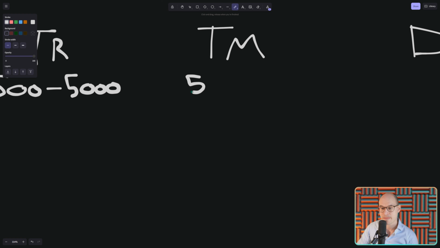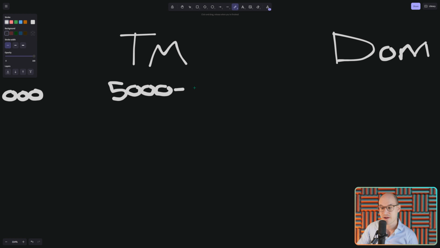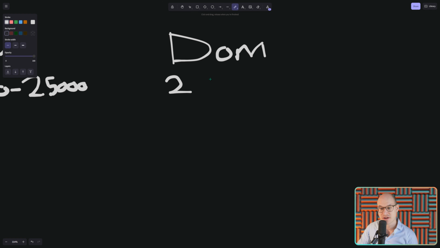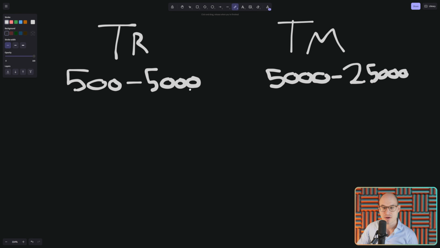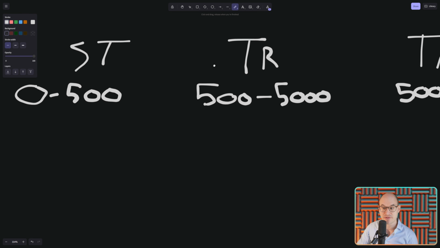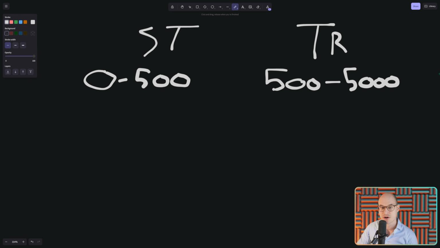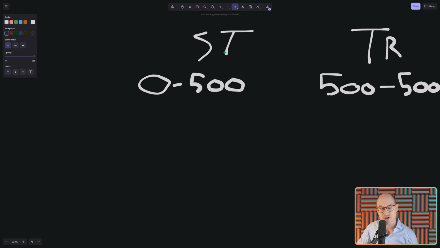Then MSPs that have target market fit, from 5,000 to roughly 25,000. And then MSPs that are really ready to dominate, over 25,000. Most MSPs are going to be in one of these first three categories, and then domination is really for the larger ones. So where should you be spending your money at 0 to 500?